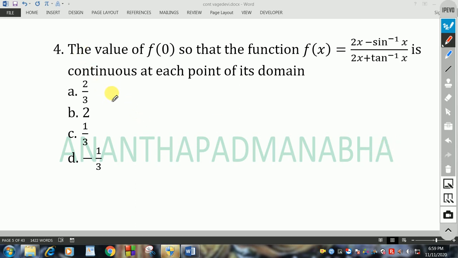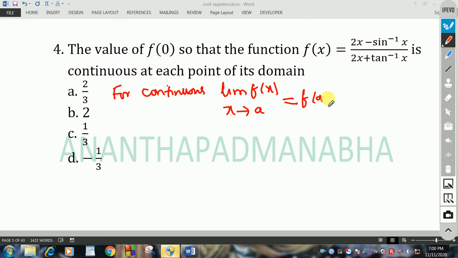For any function to be continuous, we use the definition, so that it will be familiar to you. Limit of f of x as x tends to a must be equal to f of a.